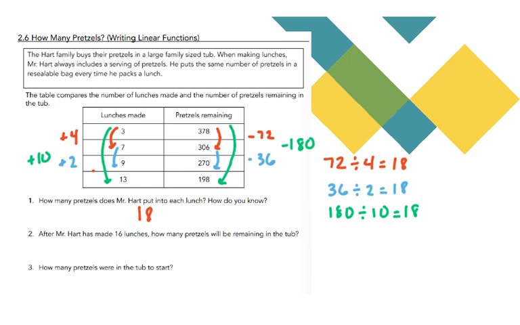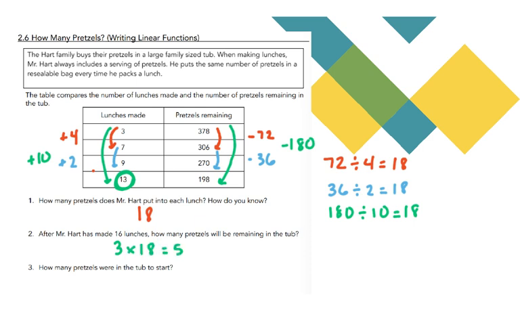Okay, so now we're going to use this to predict. We know that for every single lunch, we're getting 18 pretzels in a lunch. So let's say he's made 16 lunches. That means 3 more lunches than where he was at the end, at 13 lunches, right? So he is going to have to do his 18 three more times.